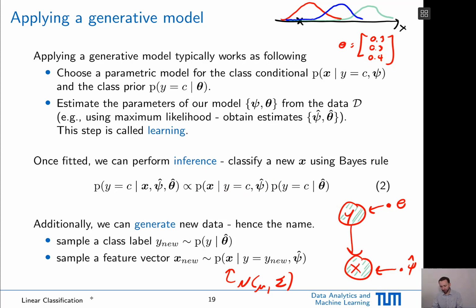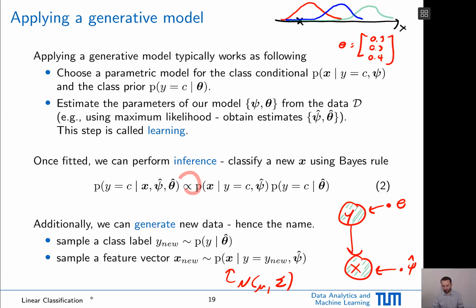Okay, so it's 0.3 times a very low term. Okay, and then the same for the green here. Right, so here it's a very low likelihood that the X comes from the green curve. So it's 0.4 here times a very small value. And then you see, right, that class 1 is winning, so to say, because class 1 had here 0.3 times a large value, right, because we had here this one, and this is then the winning class.